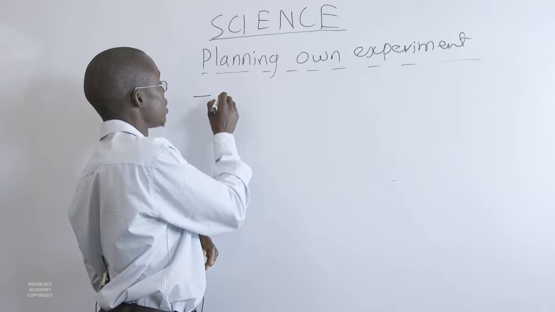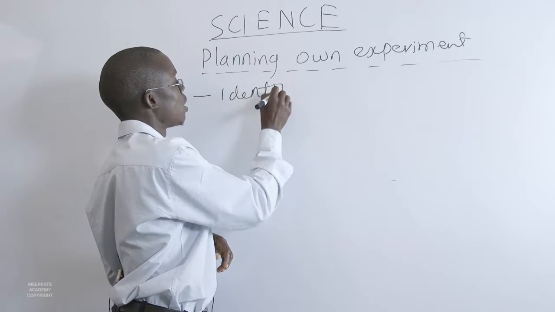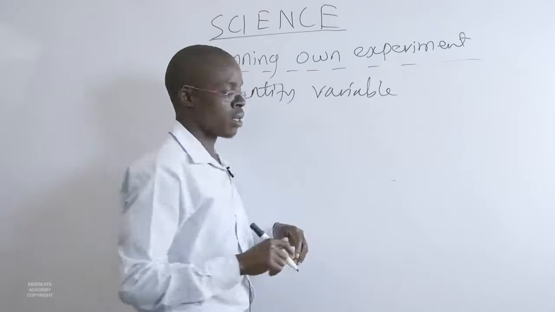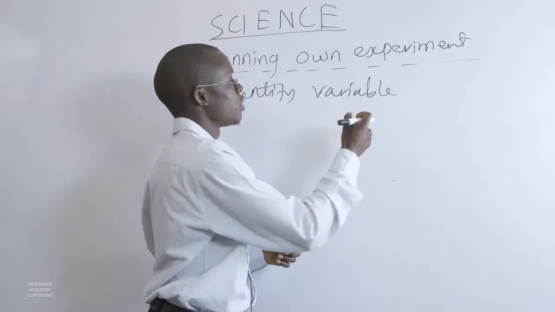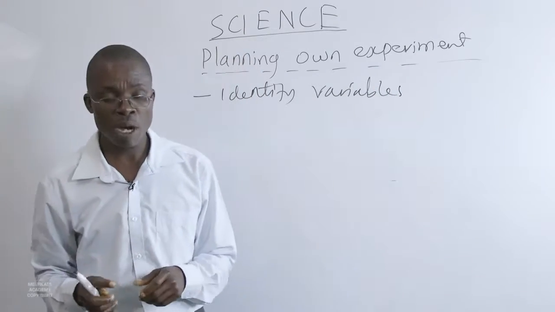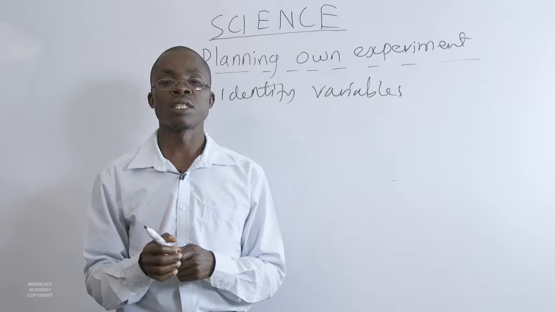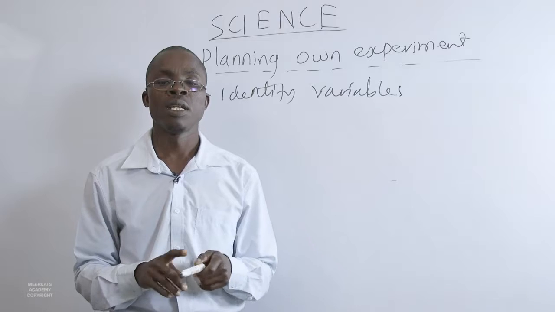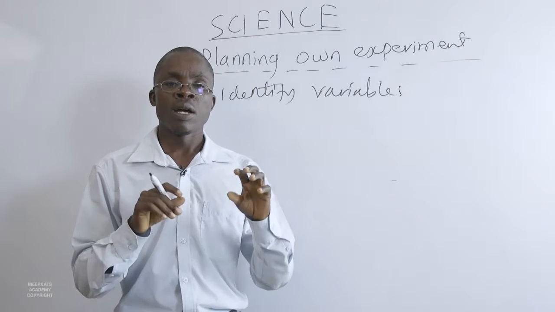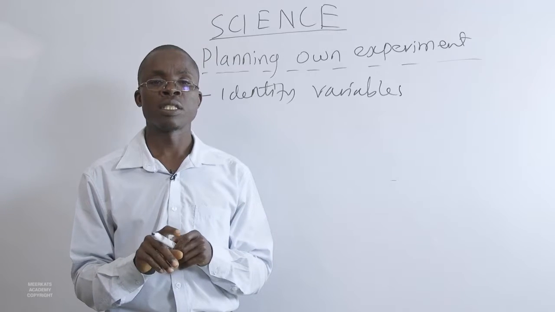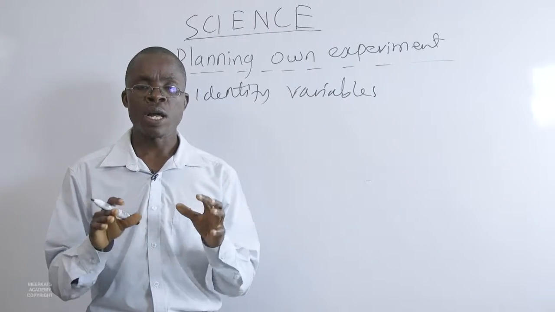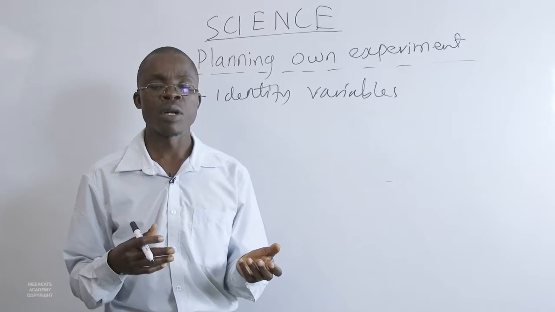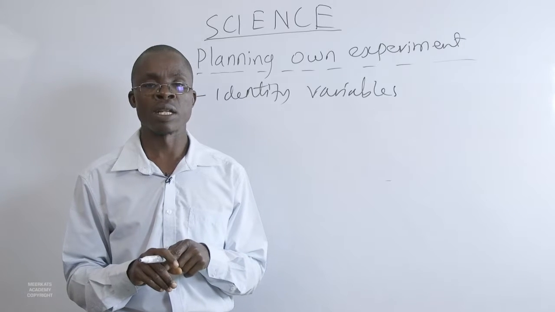Number one is to identify variables. Now, when you talk about a variable, you need to realize that in any system, in any experiment, in any aspect someone is trying to check, there are things in it that could be varying with time, but there are those that will not be varying.